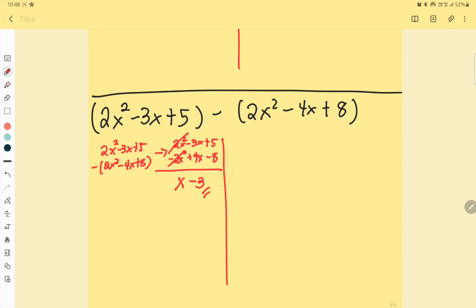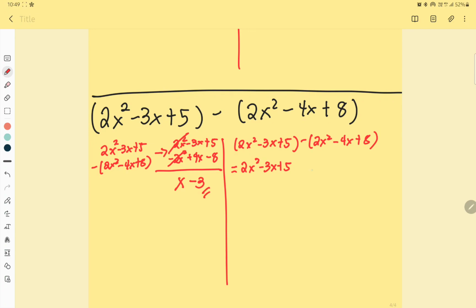Now, working on horizontal. So, we have now, once again, let me just copy that. So, you have now 2x squared minus 3x plus 5 minus 2x squared minus 4x plus 8. So, working on that, changing the sign of the subtrahend. So, let me copy that, 2x squared minus 3x plus 5 for our minuend.